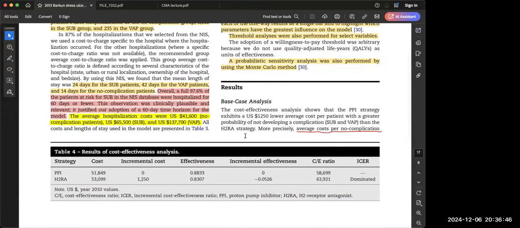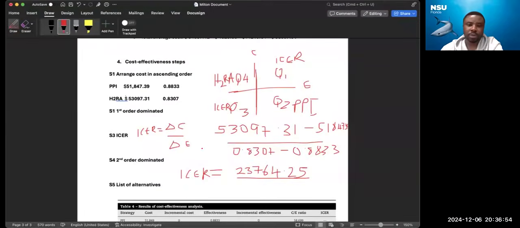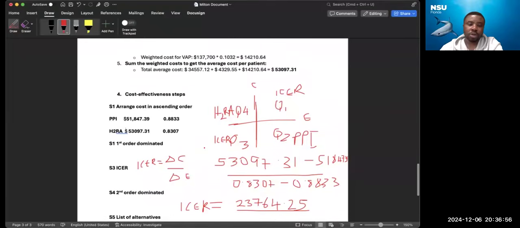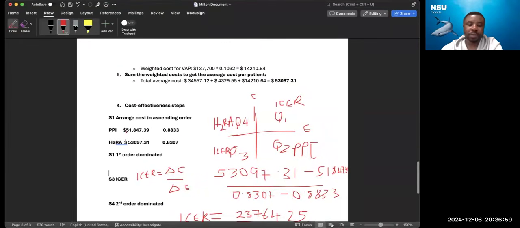Okay. So let me go back to this and then use this to explain. Probably this one will do. Normally if it is in the first quadrant, they will tell you that to get the extra benefits, you need to pay an extra amount.